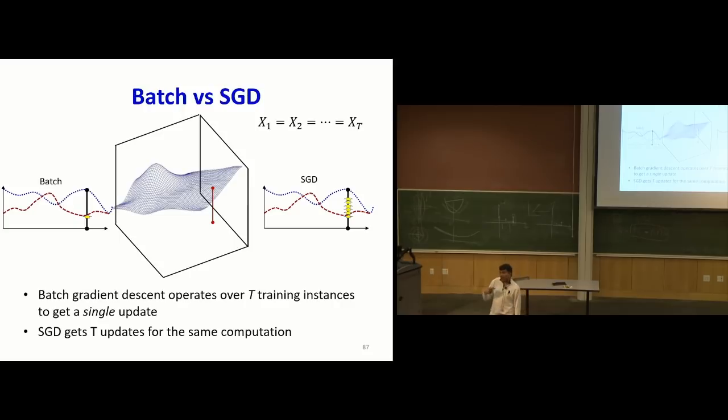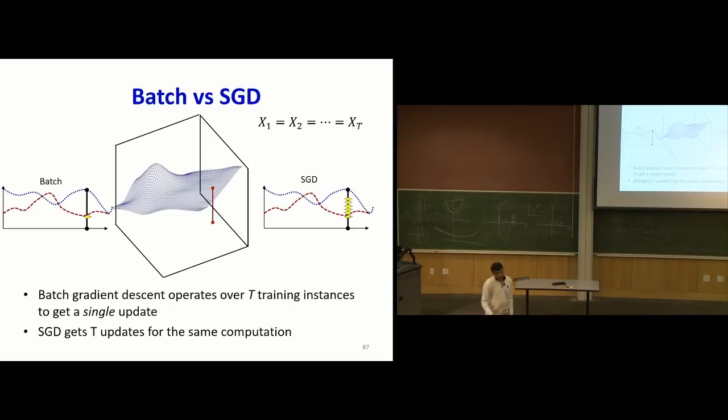On the other hand, if I make an update after every individual instance, what happens? Each of them is going to sort of make an adjustment. I'm going to get a much greater overall correction, even if my individual step sizes are smaller.